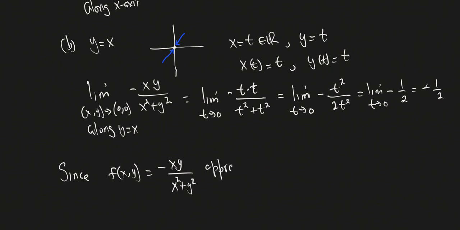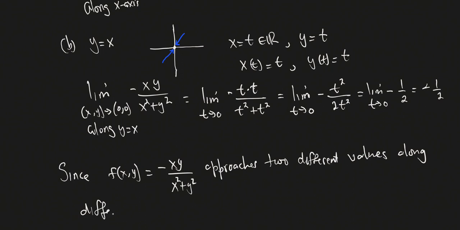Since this function approaches two different values, I'm not going to call them limits because they're not limits, just that they approach two different values along different paths approaching (0, 0).